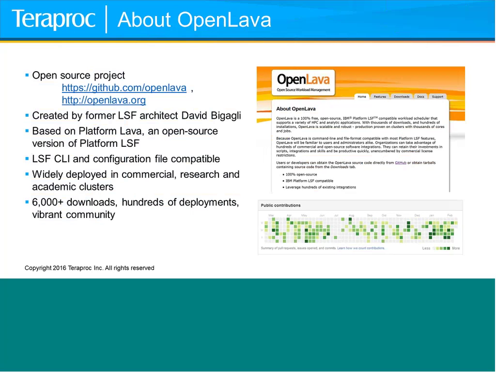Many years ago, when we were at Platform Computing, we worked with Red Hat, and as part of that relationship they needed an open source, slimmed down version of LSF. That was originally called Platform Lava, and I'm talking about 10+ years ago. It was bundled with Red Hat software.